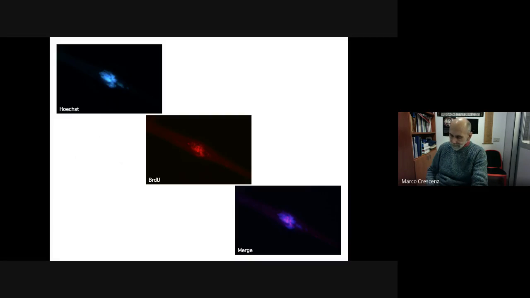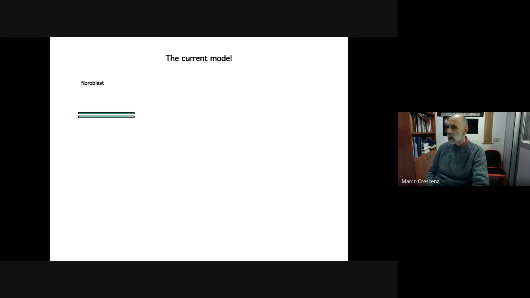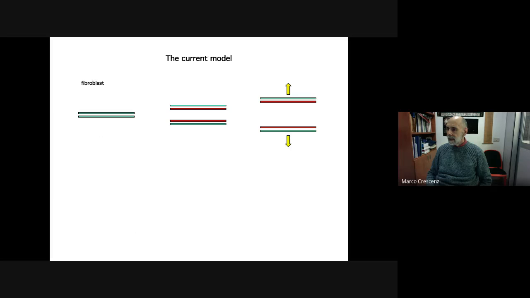So this leads us to our current model. When you reactivate whatever non-terminally differentiated cell, such as a fibroblast, the DNA is replicated completely, and at mitosis, sister chromosomes are separated as normal.